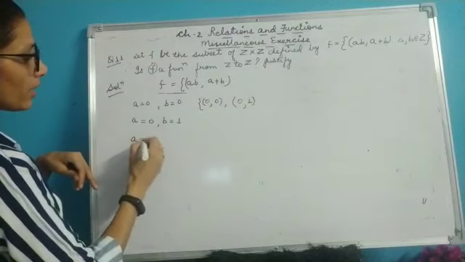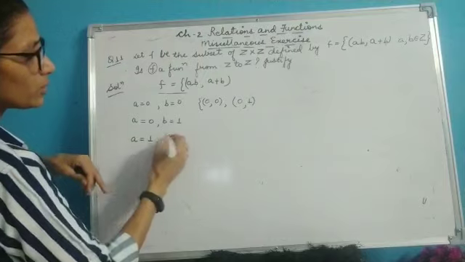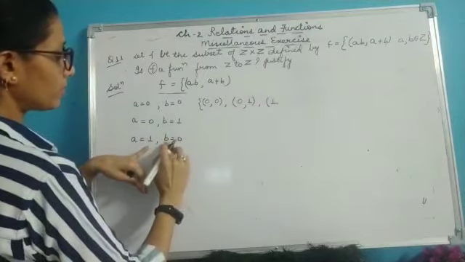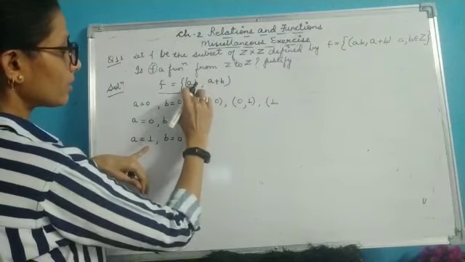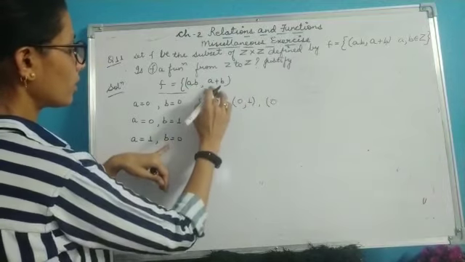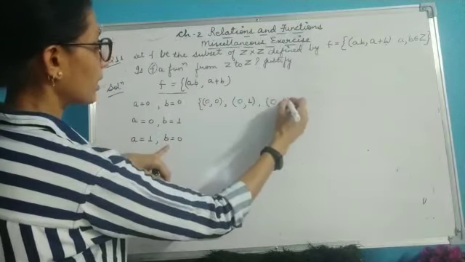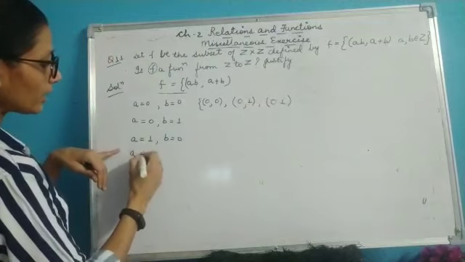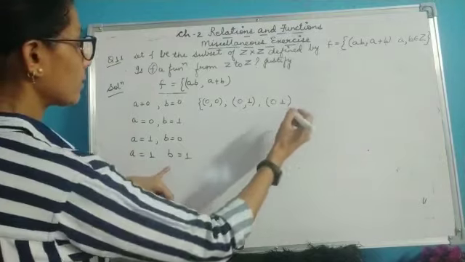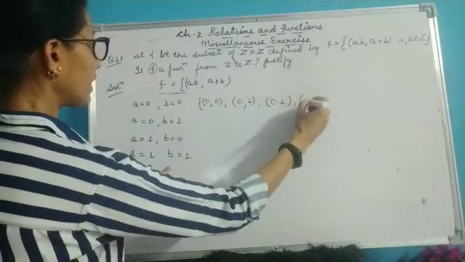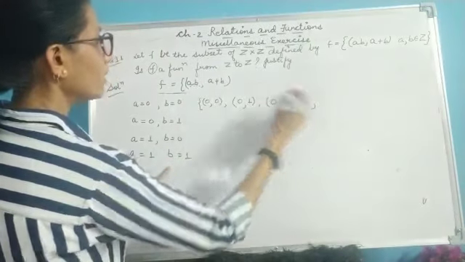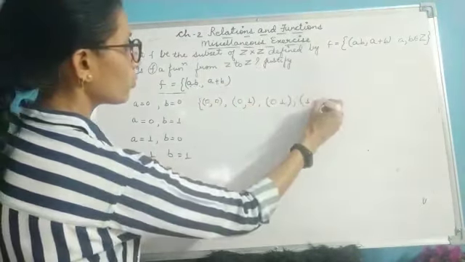Let's take, if a is 1 and b is 0, then 1 into 0 is 0, and 1 plus 0 will be, again, 1. If I take a as 1 and b as 1, then this can be written as 1 into 1 is just 1. 1 plus 1 is 2.